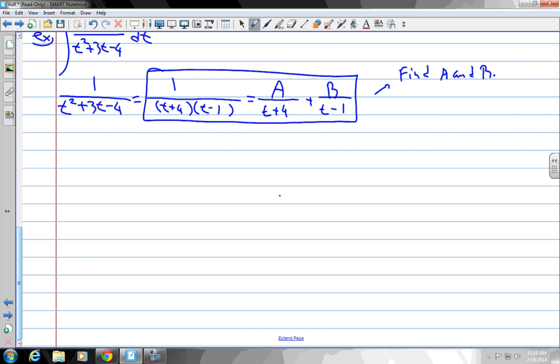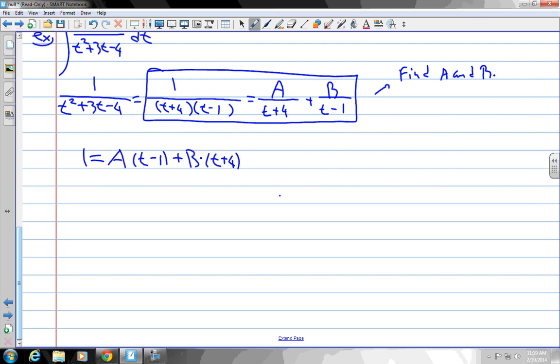So what will happen on the left if I multiply both sides by t plus 4 times t minus 1? It just goes to 1 equals a times t minus 1, a times whatever's not there, plus b times whatever's not there, so t plus 4. Whatever you do, if you add them and find the common denominator, those are your numerators.